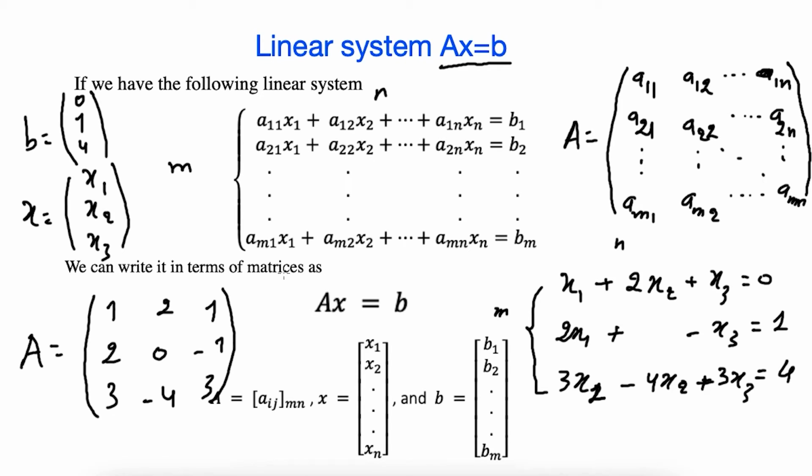But it can be different, for example, if we add another equation: x1 plus 2x2 plus 3x3 equals 2. So this matrix will have another row, 1, 2, and 3, and x will be the same x because we have just 3 unknowns, and the vector b will be 0, 1, 4, and 2.